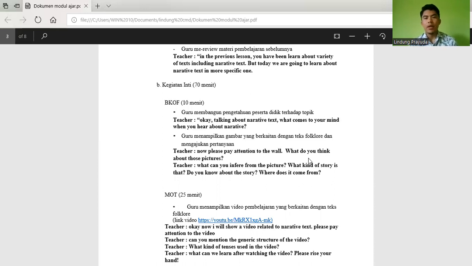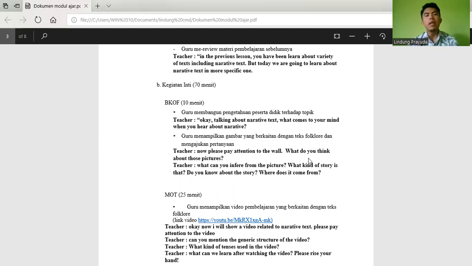For example, okay, talking about narrative text, what comes to your mind when you hear about narrative? This is one of the kinds of questions to stimulate the students' memory. And then the teacher shows pictures about folklore on the wall and asks some questions about the text.